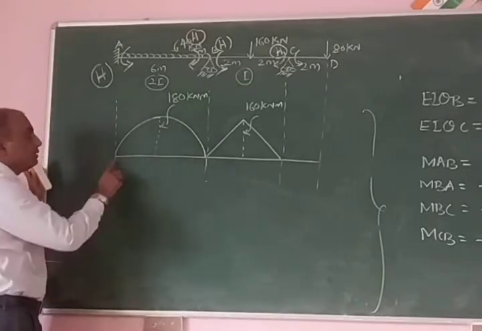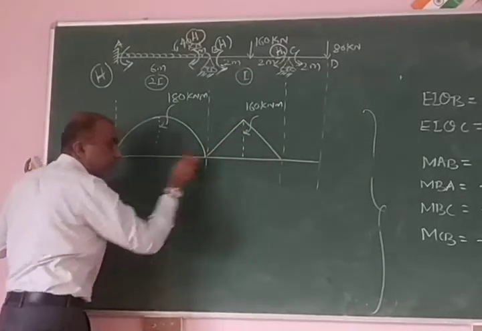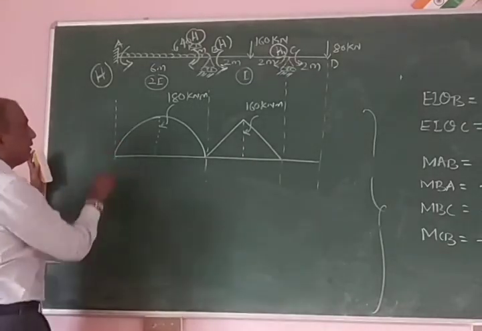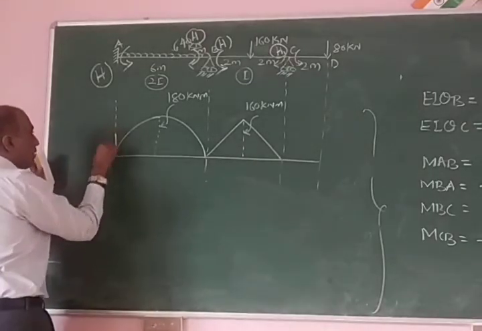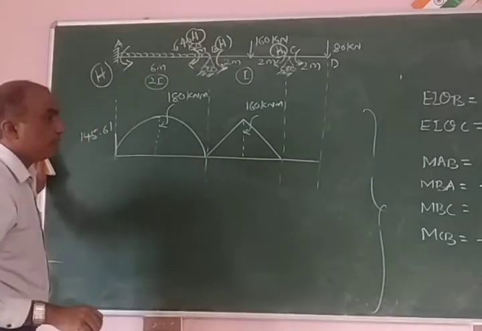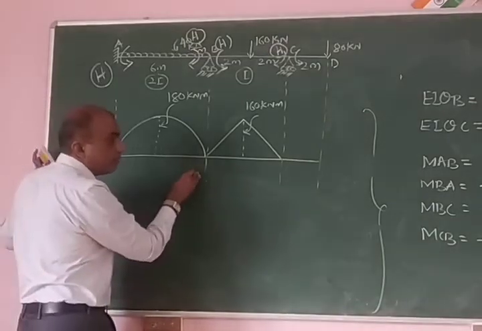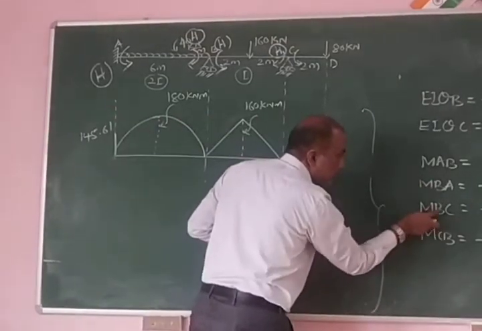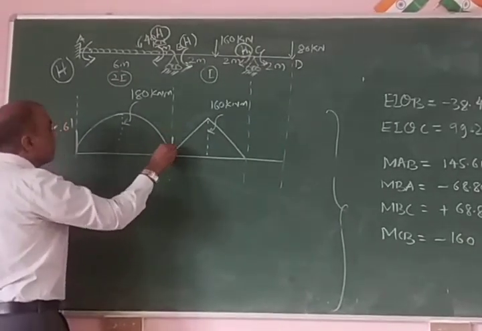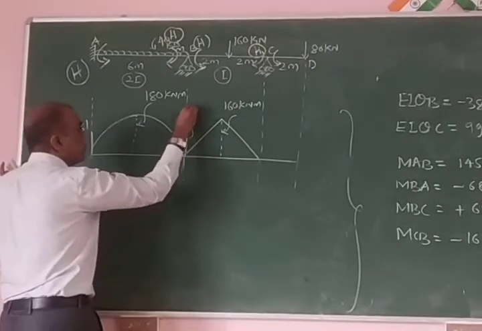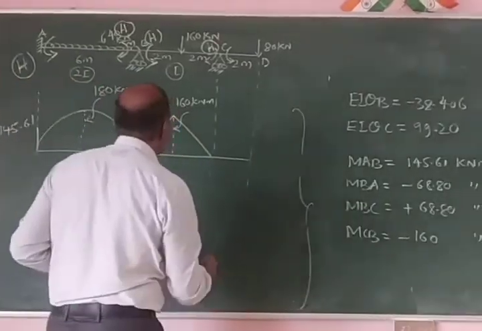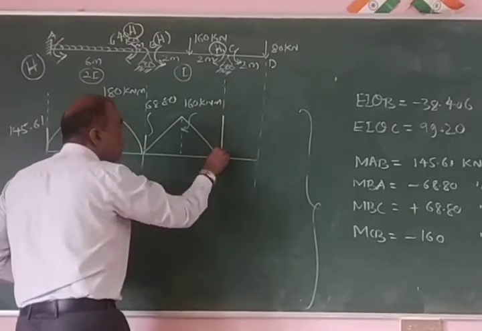So this is the sagging bending moment diagram. Now over that, hogging will be superimposed. MAB is 145.61. MBA and MBC are 68.8, and that is also hogging. And then MCB is 160, that is also hogging.